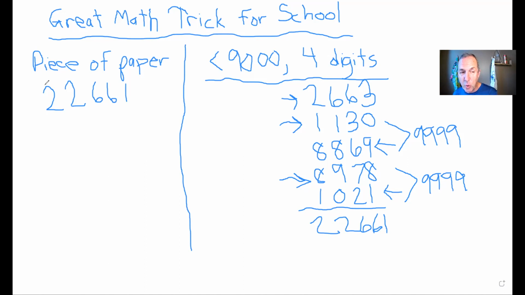I added 20,000 to this big number over here, and I subtracted 2. So since you're basically adding 20,000 to the first number minus 2, that's why you put a 2 in front of 2663, and that's why you subtract 2, because it's 20,000 minus 2, okay? That's the trick that they're going to love.